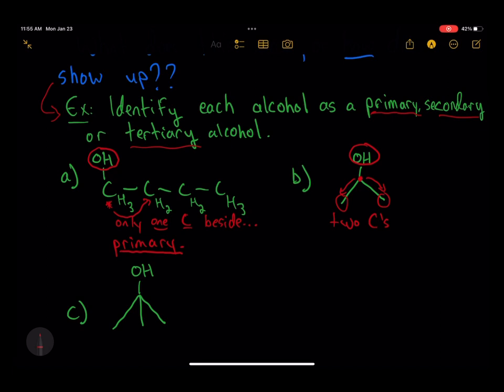So I've located the hydroxyl, and then once I've located the hydroxyl, I looked to see whether that carbon in particular had one or more other carbons beside it, and that's how I made a decision. So two carbons beside, this is a secondary alcohol.